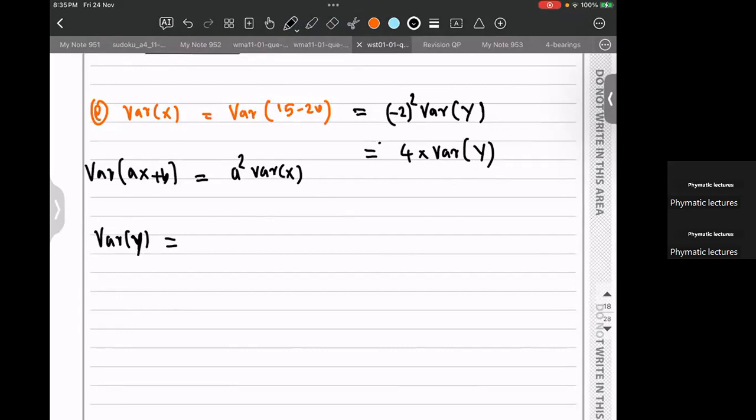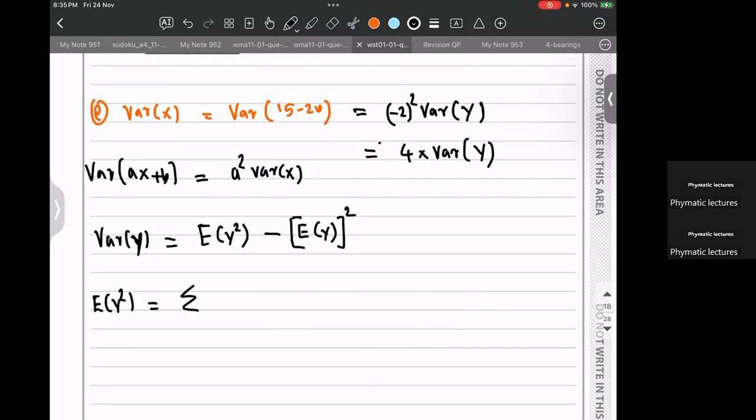The formula is expectation of y square minus expectation of y whole square. That is how we find the variance of y.